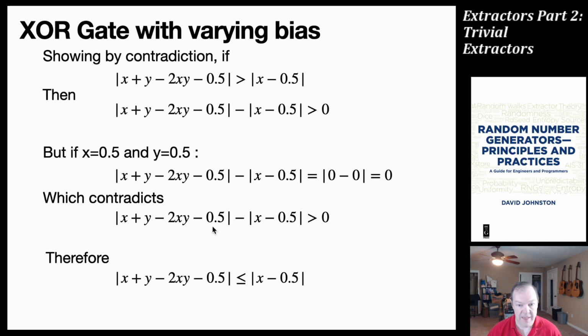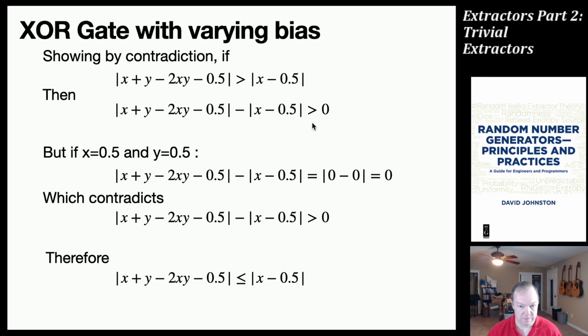So that equals 0, which is a contradiction with the equation we started with, our assumed equation that the absolute value of X plus Y minus 2XY minus 0.5, minus the absolute value of X minus 0.5, is greater than 0. We can show a case where it isn't. So this statement is not true.